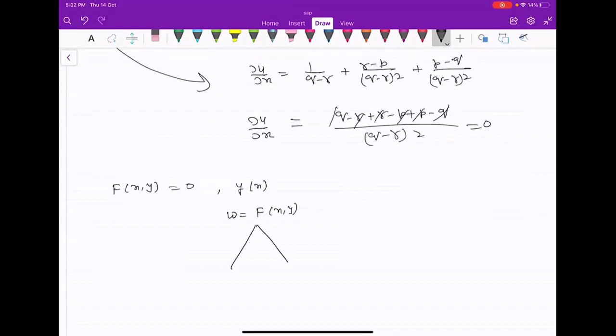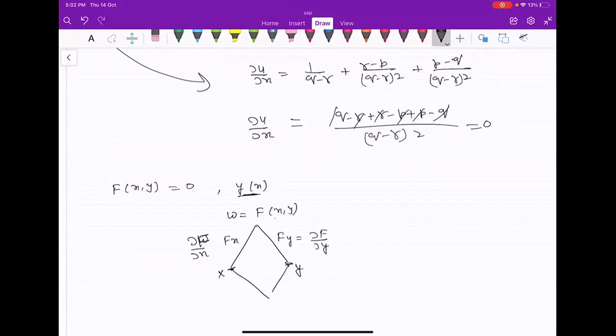So f is the function of two variables x and y. So you will compute first f_x and then f_y. That means del f over del x and del f over del y. That is equivalent to w_x. It is the function of x and y, and it is given y is the function of x.